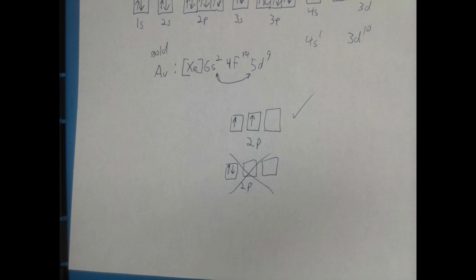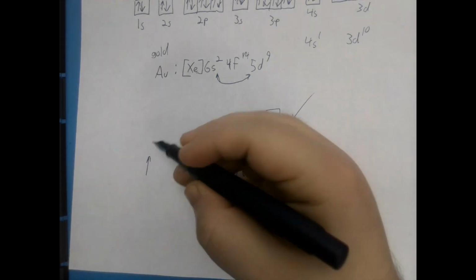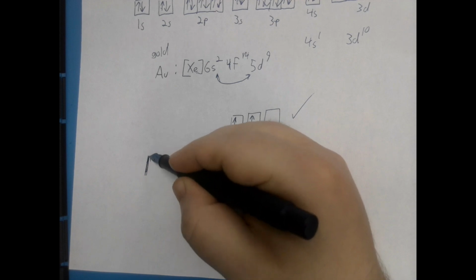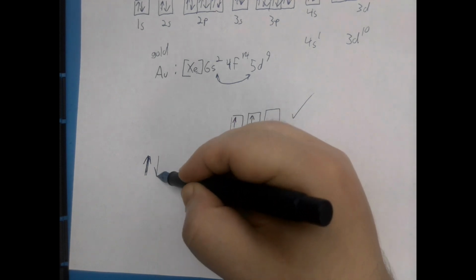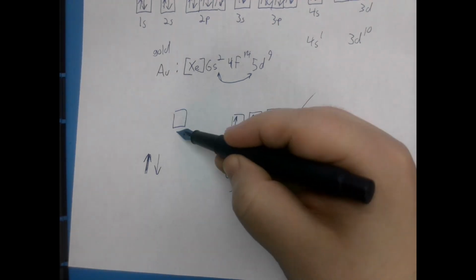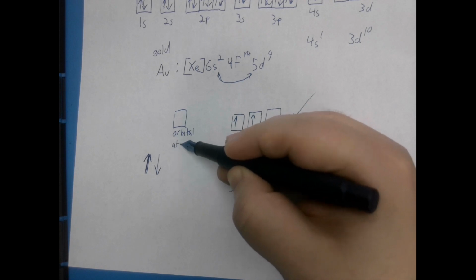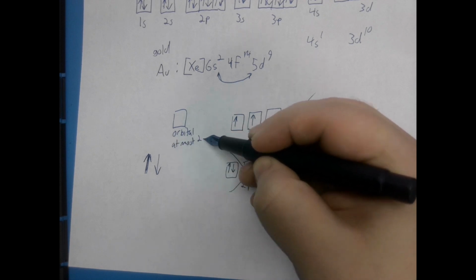What do you mean? The arrow is a single electron. An electron can have a spin up or a spin down. Every box is an orbital. An orbital can have at most 2 electrons.